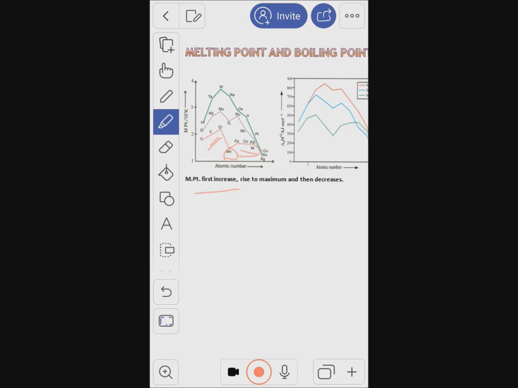Here manganese has the lowest melting point and boiling point. Similarly, in the second transition series, technetium has the lowest melting point and boiling point. And in the third transition series, it goes to tungsten, which is the maximum, and then again decreases from tungsten to mercury.